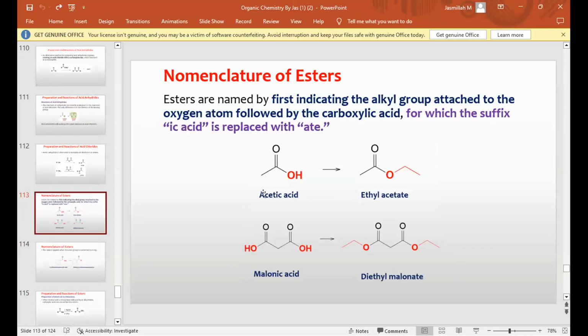Like in acetic acid, we remove the suffix -ic acid and change it to -ate. So this is ethyl acetate. Then similarly here, it's the same.